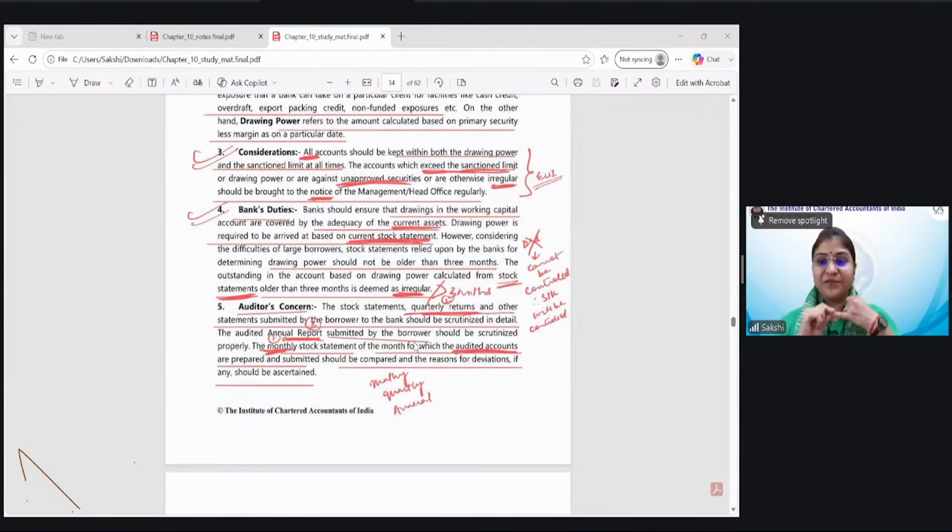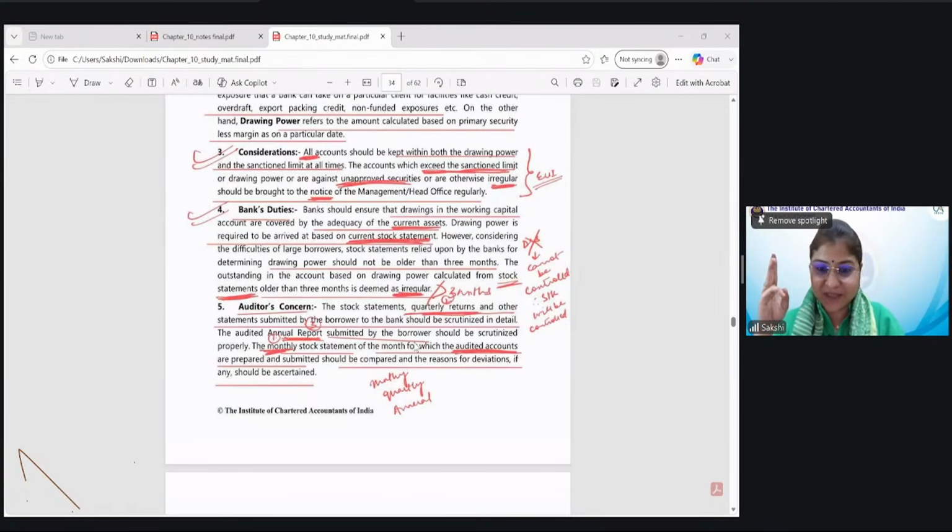See, basic things, if you go to a bank for a working capital loan, they will say, okay, first you give me your audited balance sheet. Okay. So audited balance sheet, why? Because the bank knows whatever statement of debtors or stock you are submitting, it could be manipulated. But when audited statements are kept with the bank, you know that audited means that the value of stock and debtors you can rely upon, isn't it?